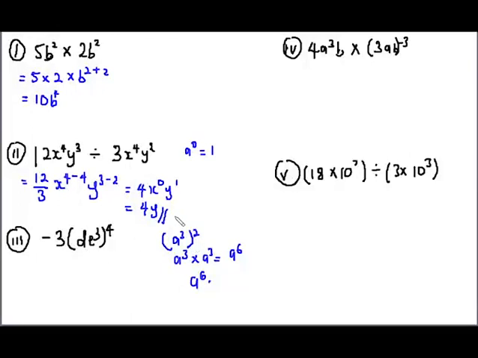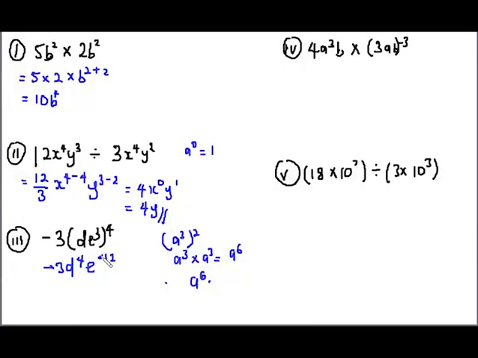So let's deal with this problem with this idea now grasped. So we have negative 3. 4 times the power of 1 for d here is d raised to the power of 4. 4 times the power of 3 for e is e to the power of 12.